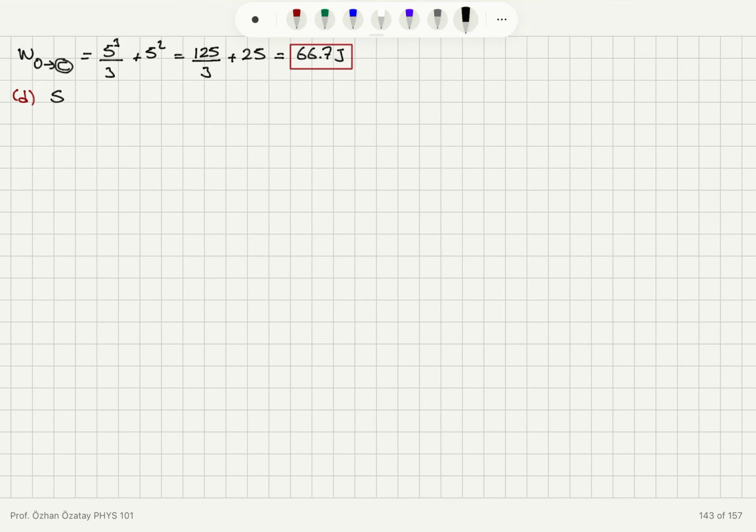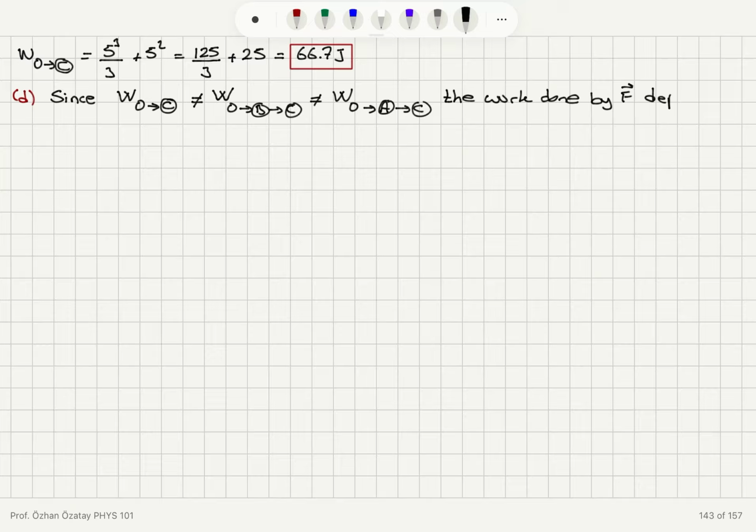Okay, so I can say that since the work done going from point O to point C directly is not equal to the work done going from point O to point B to point C, which is not equal to the work done going from point O to point A to point C, we can conclude the work done by this force F depends on the path taken.